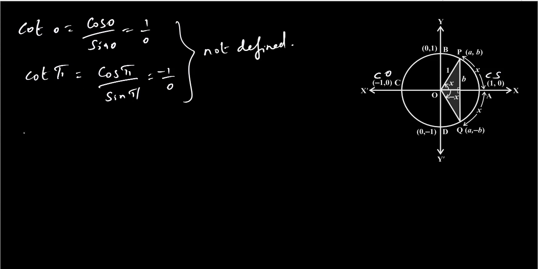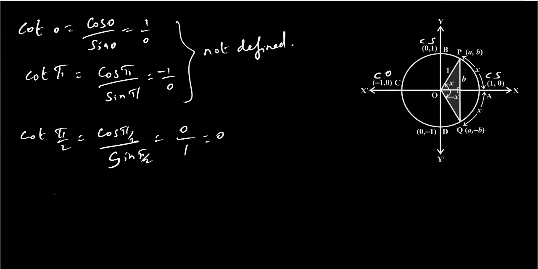If we take cot pi by 2, that is cos pi by 2 by sin pi by 2. Cos pi by 2 is 0 and sin pi by 2 is 1, so 0 by 1 becomes 0. Now cot 3 pi by 2, which means the angle AOD.